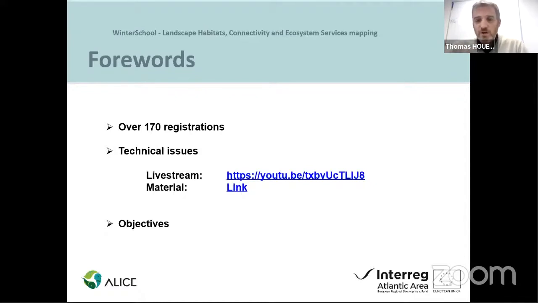It is quite ambitious, but I think we can give you a broad overview about the advances and outcomes of one project we are involved in, which is the ALICE project, supported by the European Union Interreg program. And the idea of this winter school is to give you some tools to do this landscape characterization.